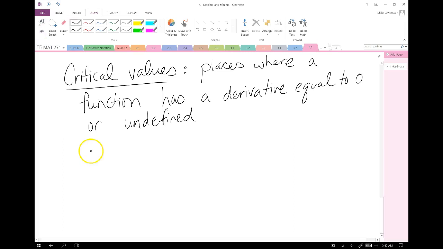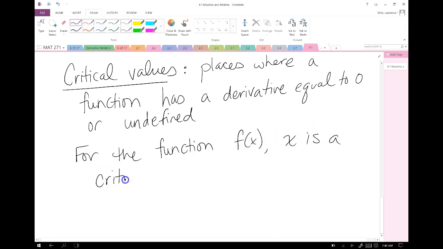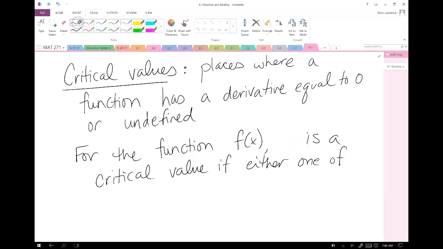So for the function f of x, a is a critical value if either one of the following is true. x equals a.